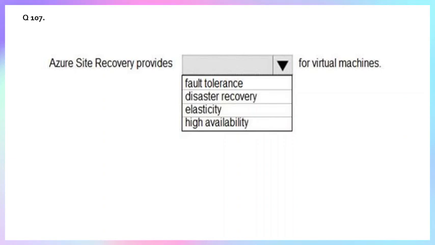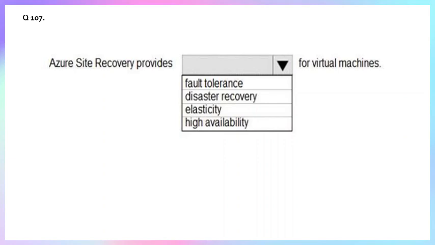So fault tolerance is not the answer. Elasticity is the ability to scale resources up and down automatically based on demand. High availability is about minimizing downtime, but it is different from the disaster recovery side. So the correct answer is disaster recovery.